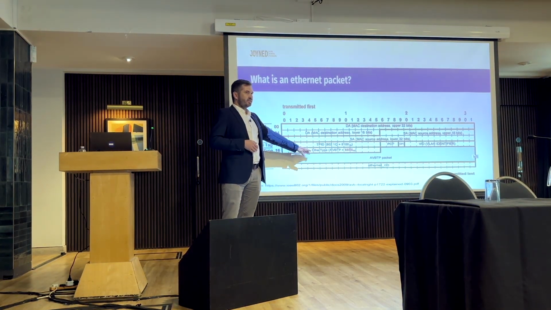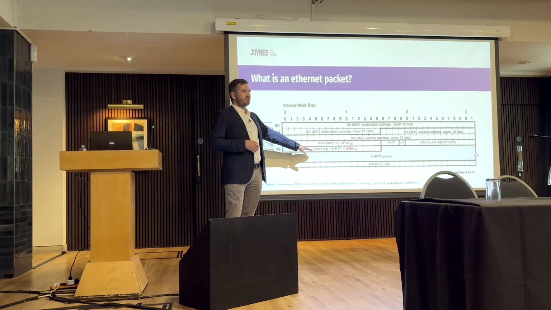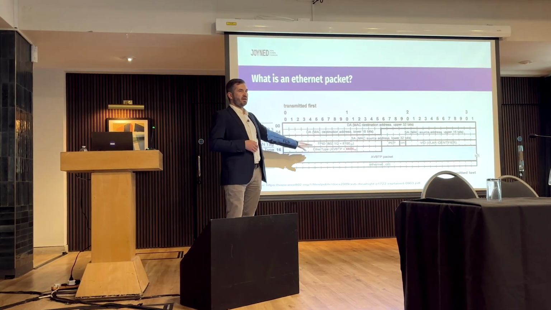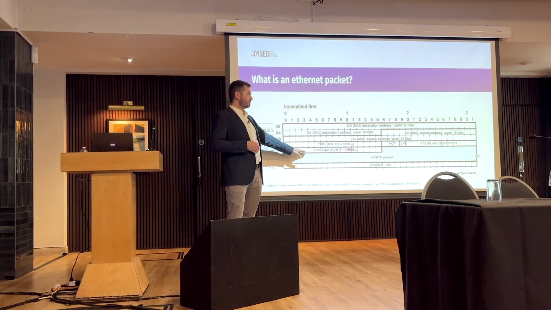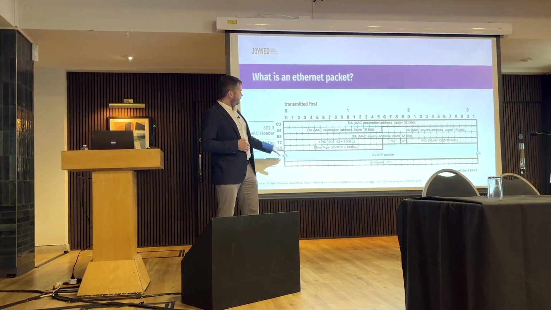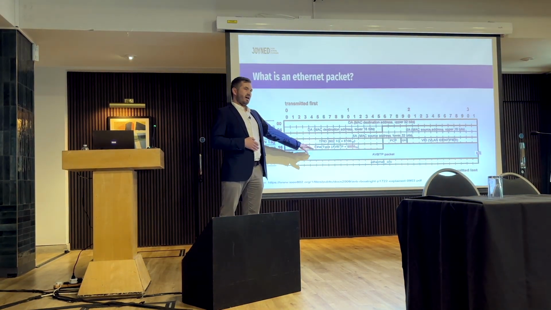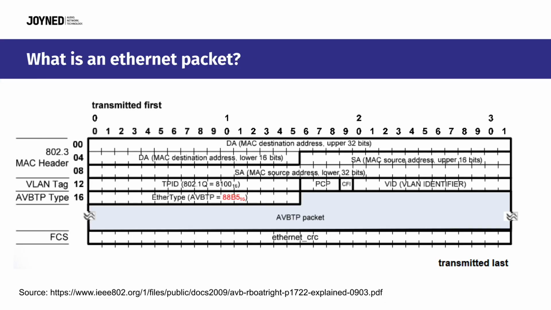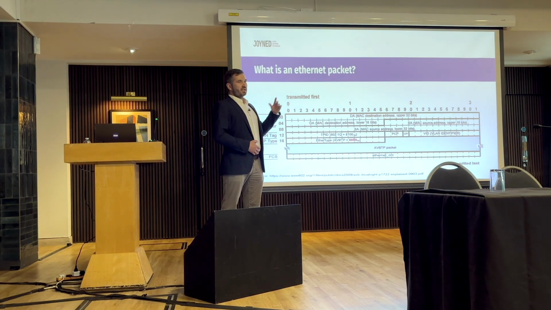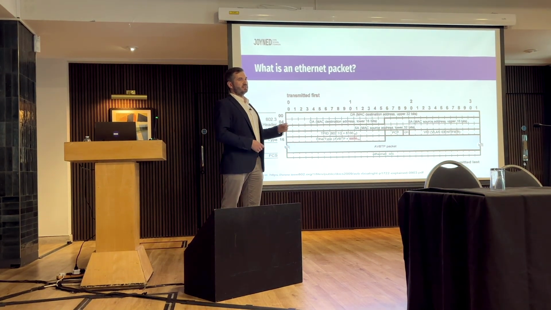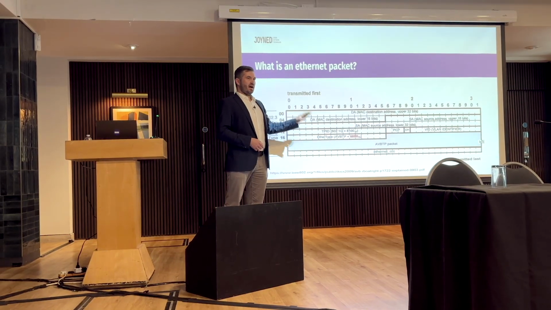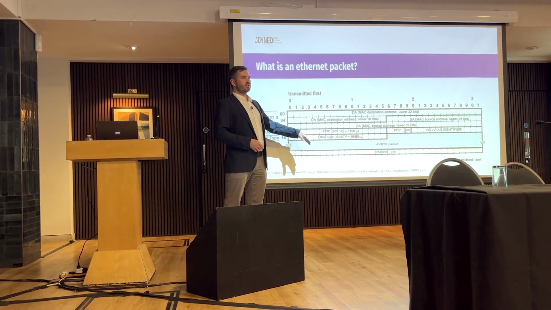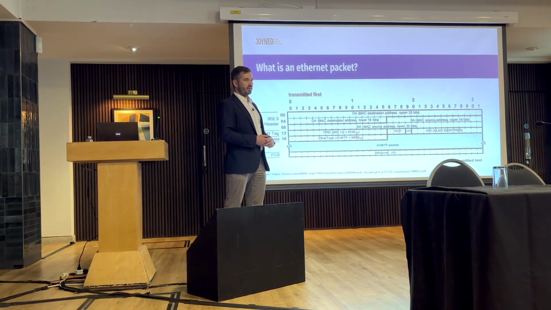Until here, there's nothing special about AVB. This is common for any IP packet, for anything that you will see on a network. The ether type defines whether this is an IP packet, or in the case of AVB and Milan, we have a special identifier for making this an AVB packet. So our network infrastructure, our switches, can differentiate whether this is high priority AVB or if it is IP or any other thing.